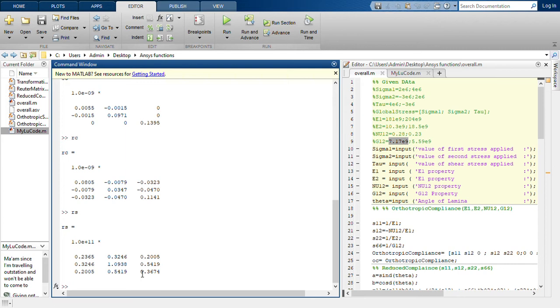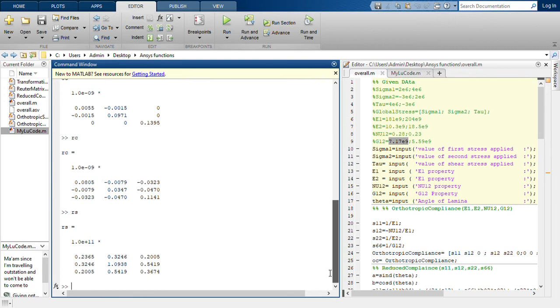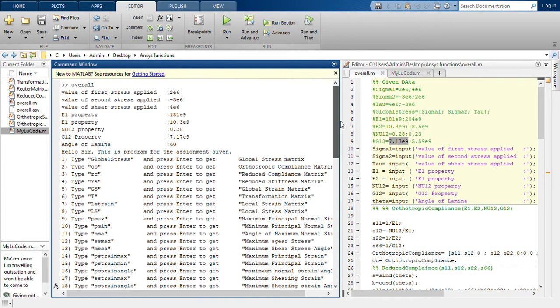This is also given on page 115 at the bottom, and all these values are the same. Then we come to the global strain matrix, the first point asked in the question. For that we type GS. These are the values of strain, and this is similar to what we get in the book itself.